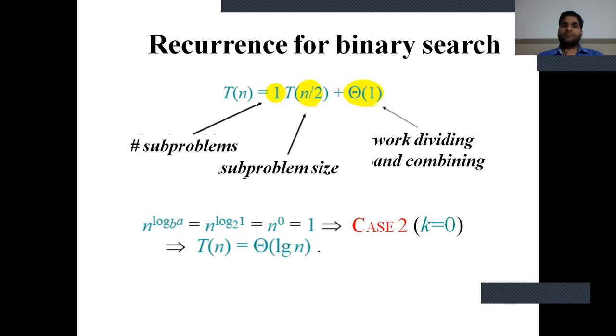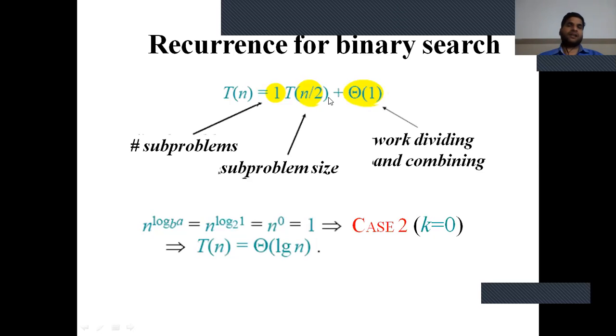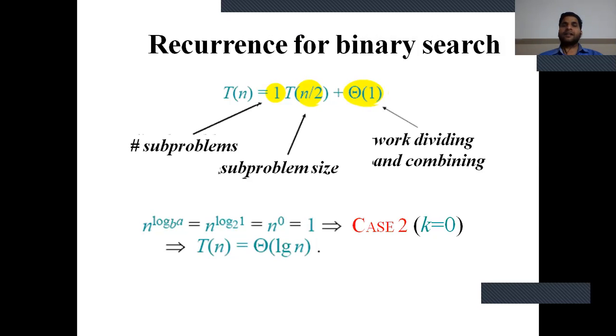We can also solve this recurrence equation with the help of the master method. The general recurrence of the master method is T(n) equals a T(n by b) plus f(n), where a equals 1 and b equals 2. Applying the value, n to the power log base b of a, that is n to the power log 1 base 2, the value is 0, and n to the power 0 equals 1, and f(n) equals 1.